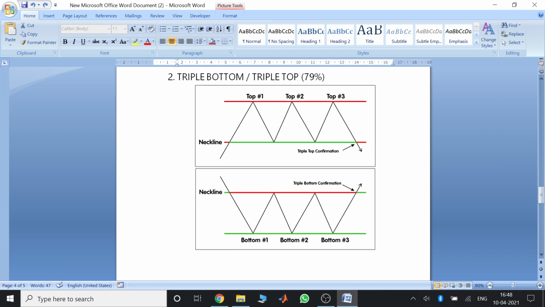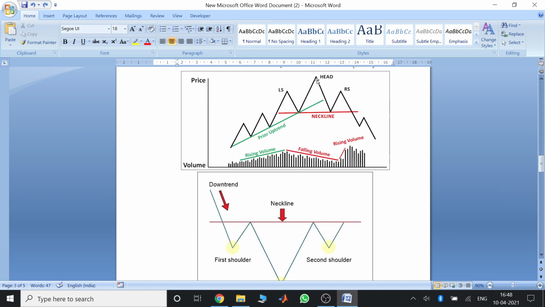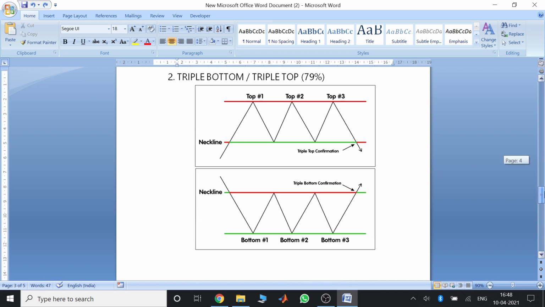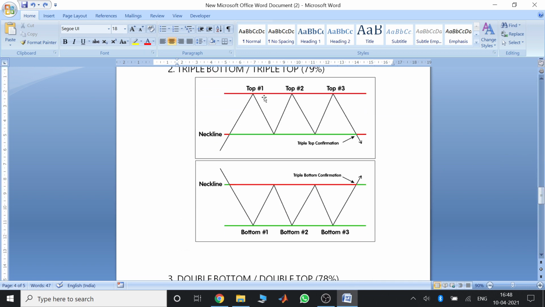Now the triple top or triple bottom, again with a 79% success rate. Very similar, price moves up, but what we saw in head and shoulders was the second high was a higher high compared to the left shoulder. Now here the second high is on about the same level as the first one. Even the third high is on the same level.